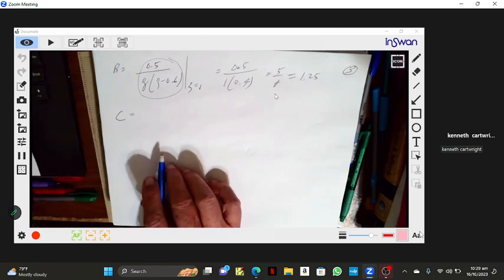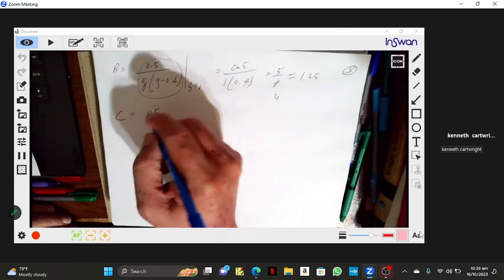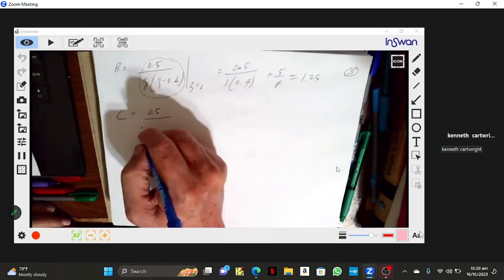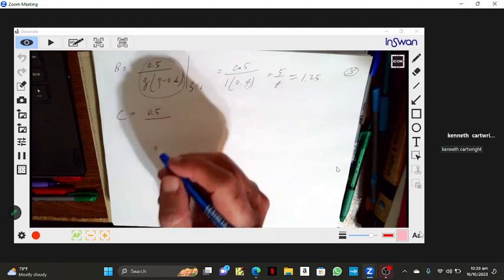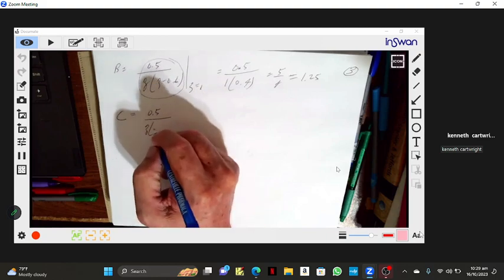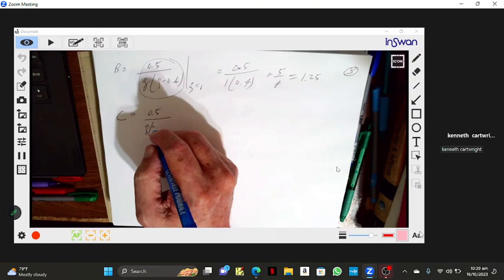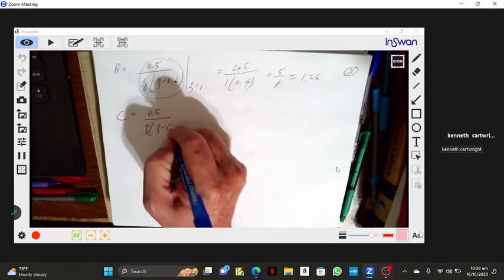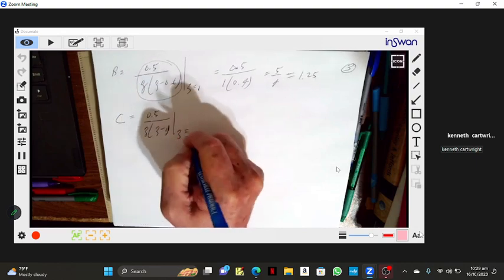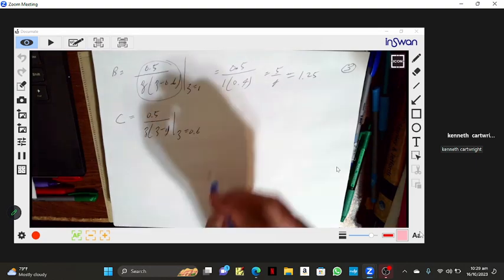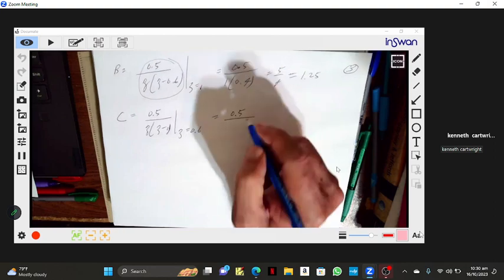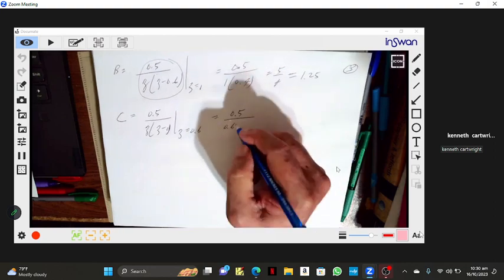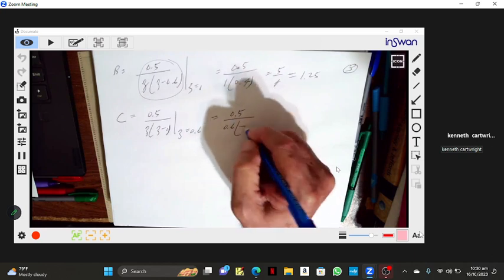So C is going to be 0.5 divided by z minus 1, evaluated at z equals 0.6. So it's 0.5 divided by 0.6, okay, minus 0.4.